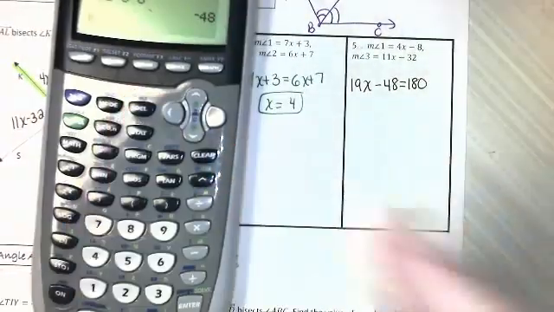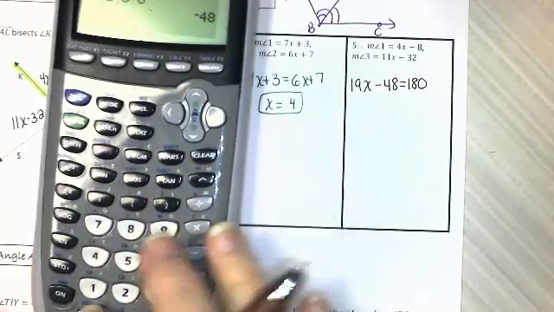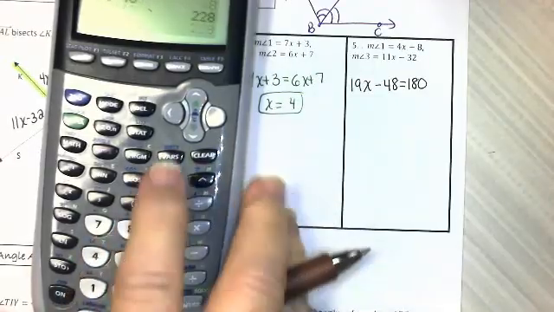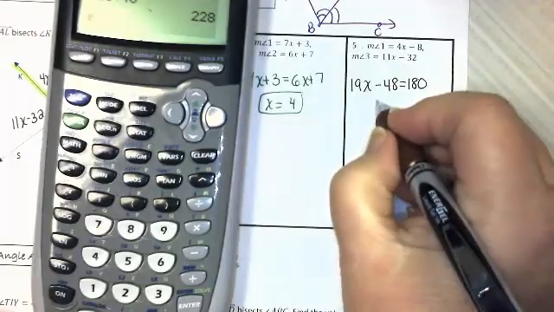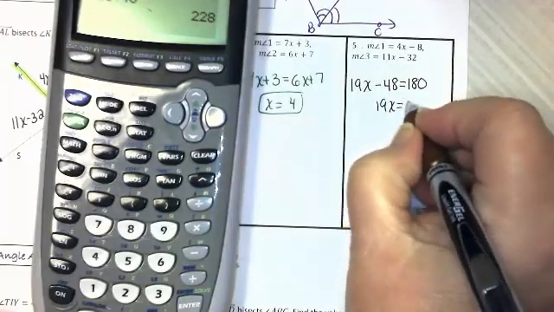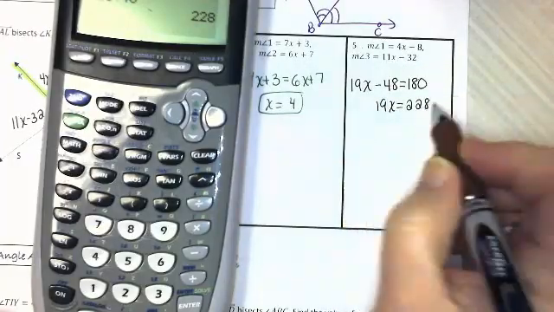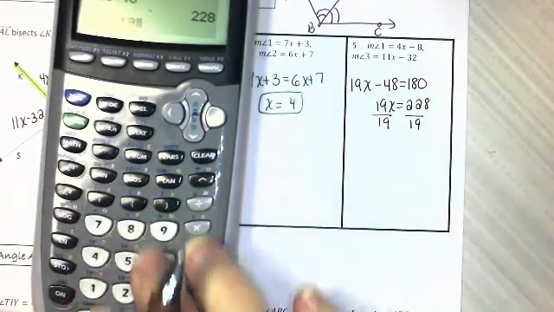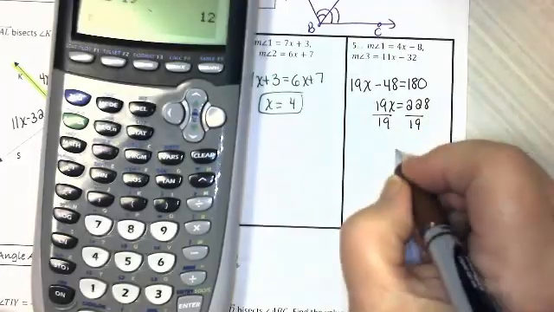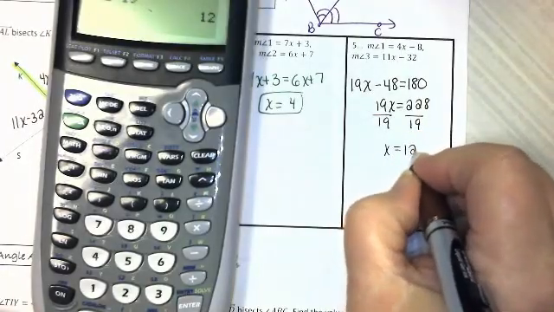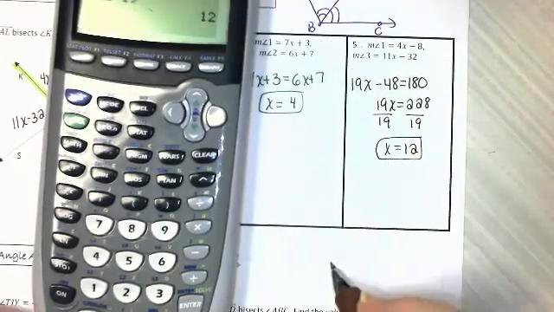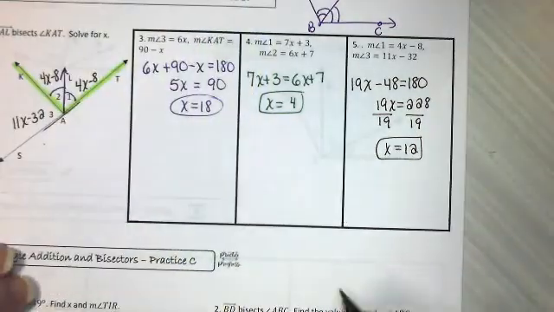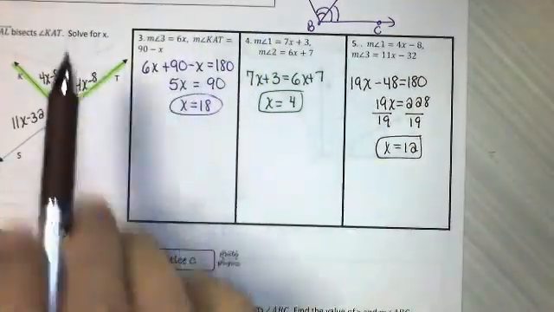And now we solve. So we add 48 to both sides and get 19x equals 228. And when I divide by 19, I get x equals 12. And that's all we had to find on these three questions, was the value of x. We didn't have to plug it back in and find anything else.